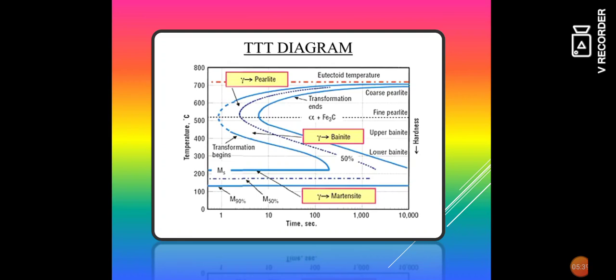So this transformation is clearly indicated by two curves. The first curve is called as the transformation begins curve, and the second curve is called as the transformation ends curve. So in between these two curves, the transformation takes place. This curve is in the shape of English letter S.